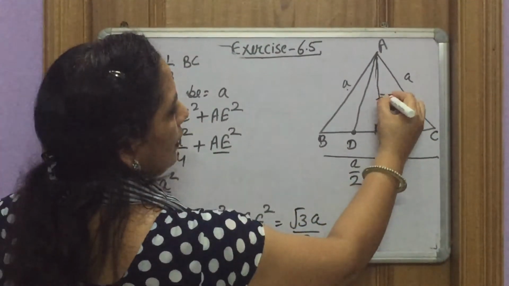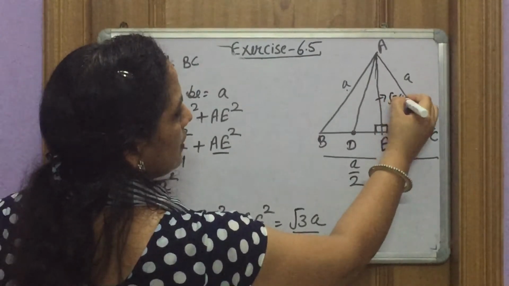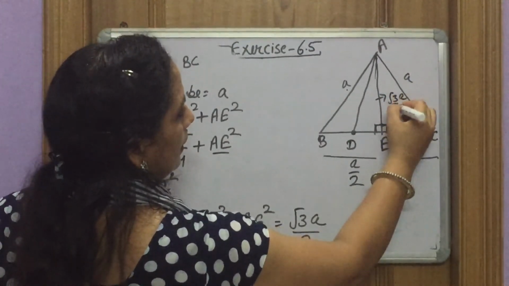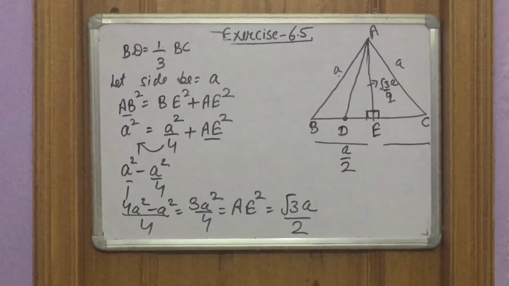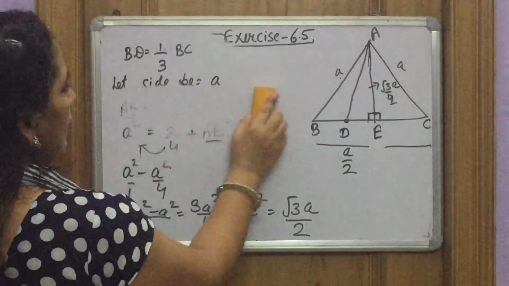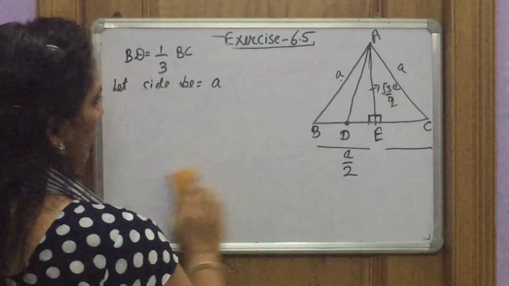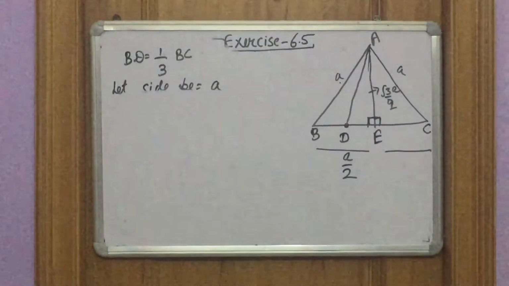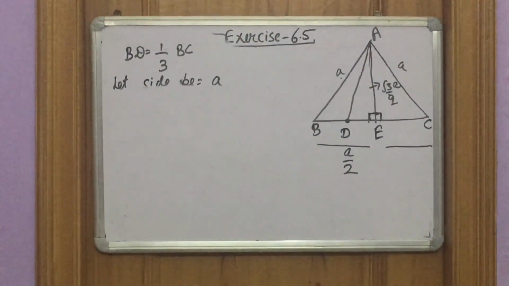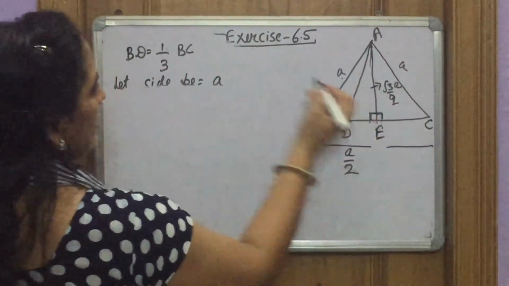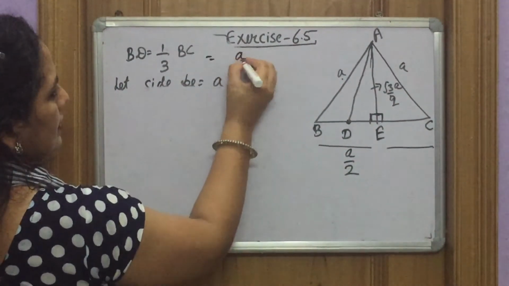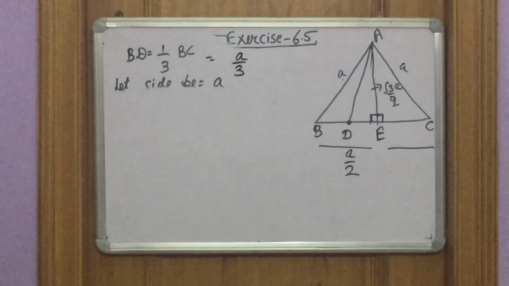So we can say the value of this side is root 3 by 2 a. So this is the value of the perpendicular. Now we have the value of BD is 1 by 3 BC. BC is a, so we can say that this is equal to a by 3.